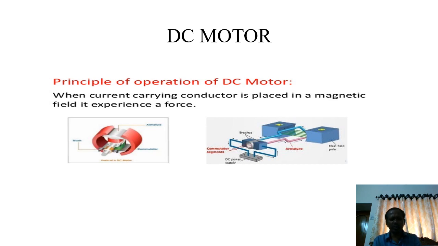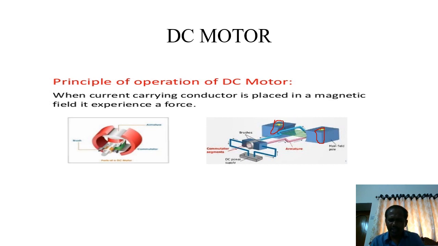First, the principle of operation of the DC motor. Here you can see there is a north pole and a south pole, and another north pole and south pole. Flux passes from the north pole to the south pole, which is our stationary part.